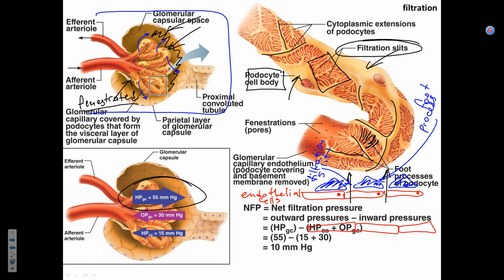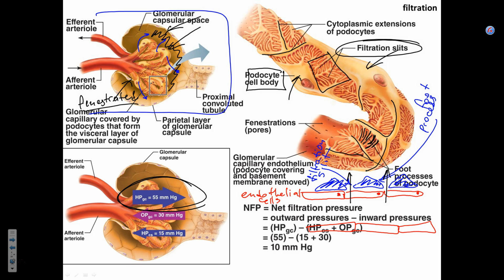We have hydrostatic pressure in the capillary, 55 millimeters of mercury. What is this hydrostatic pressure essentially? Blood pressure, yes. So capillary hydrostatic pressure in the glomerulus is the blood pressure. You see how high it is? Normally on the arterial end of a capillary bed, the blood pressure is 35. Here it's 55. So those are really high blood pressure capillaries.